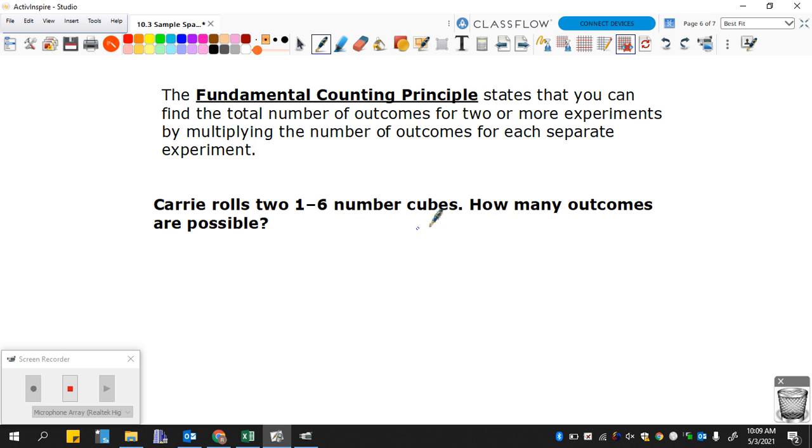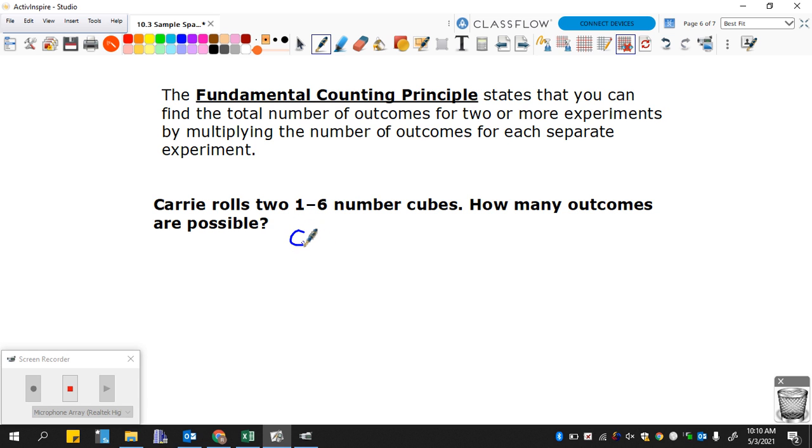So the examples we've done so far have been pretty straightforward with lower numbers, okay? But this fundamental counting principle allows us to do more complex experiments, all right? So Carrie rolls 2 number cubes, 1 through 6, and how many possible outcomes are there?